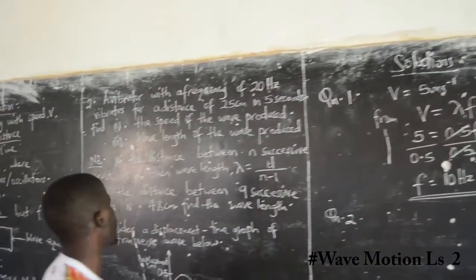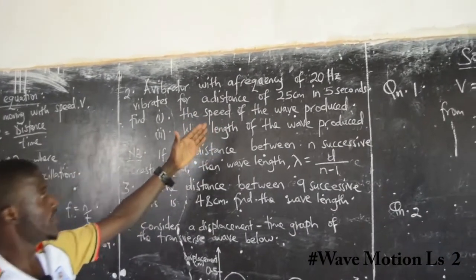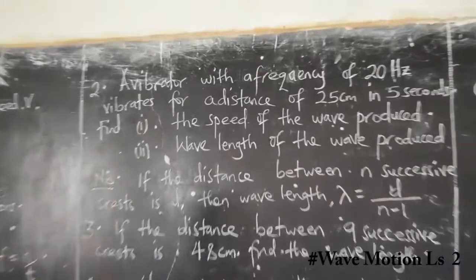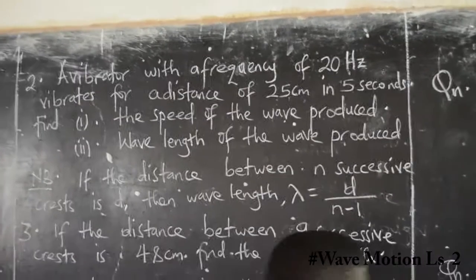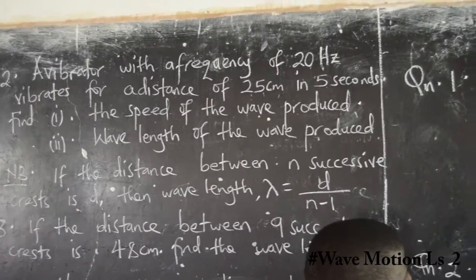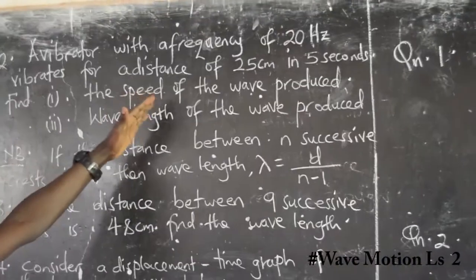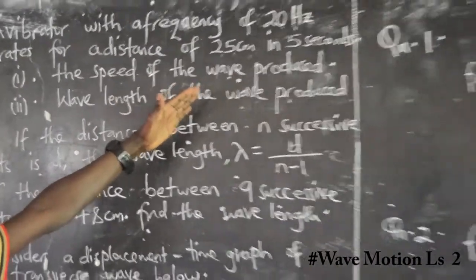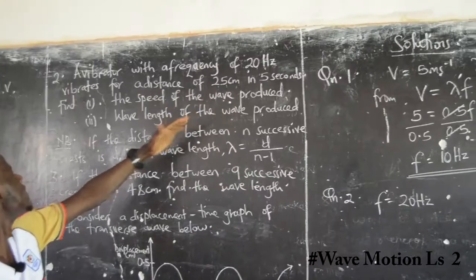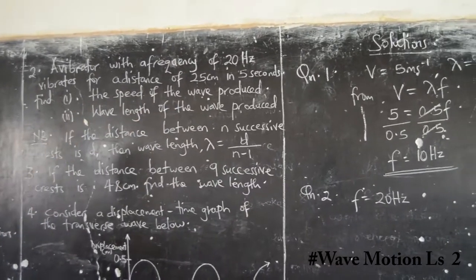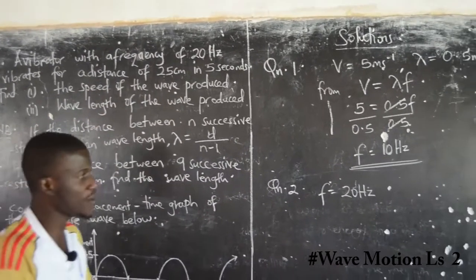Look at example 2. A vibrator with a frequency of 20 hertz vibrates for a distance of 25 centimeters in 5 seconds.